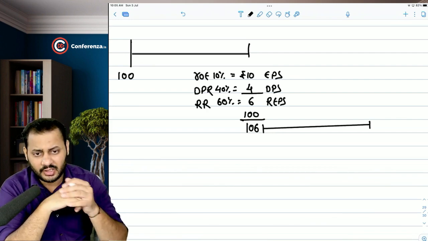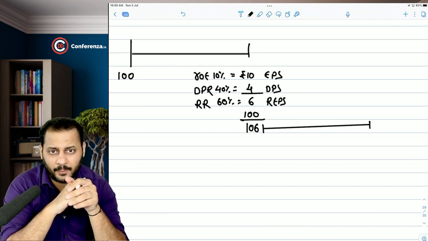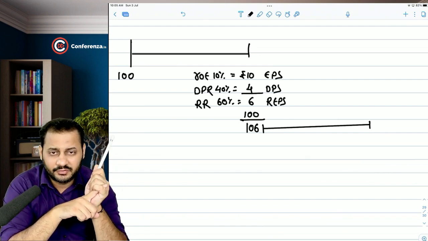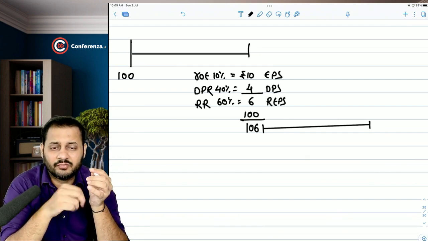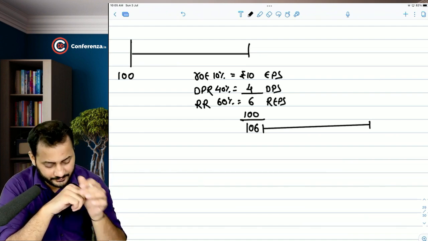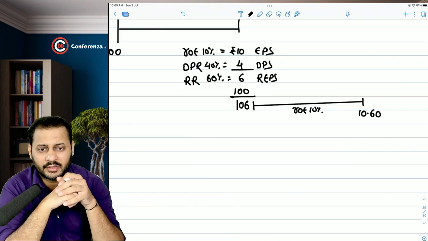You tell me one thing, how much of the capital is being used by the company in the second year? 106 rupees. 100 rupees which was received in the beginning, and 6 rupees left after distributing the dividend. So 106 rupees. Okay. So next year also they are going to earn 10% on that, which will be 10 rupees 60 paisa. Am I right?